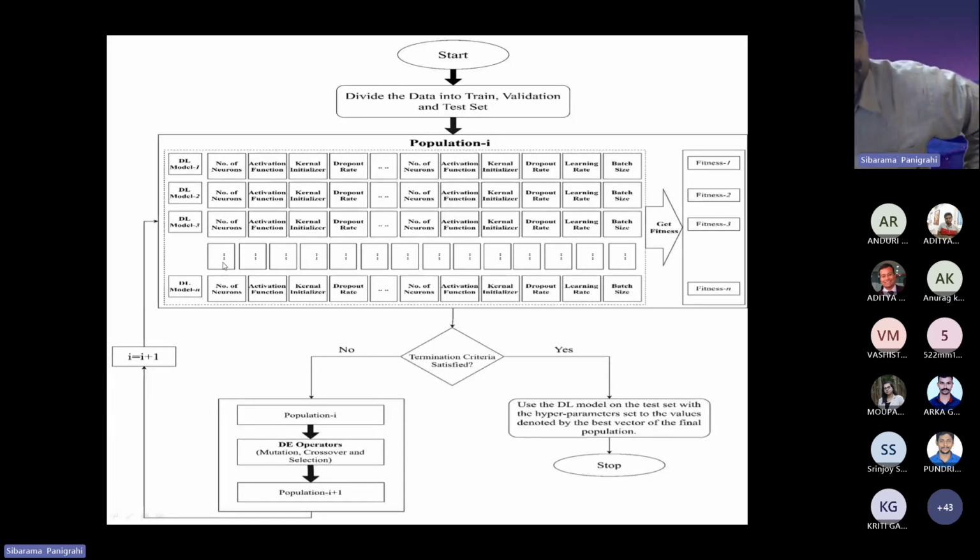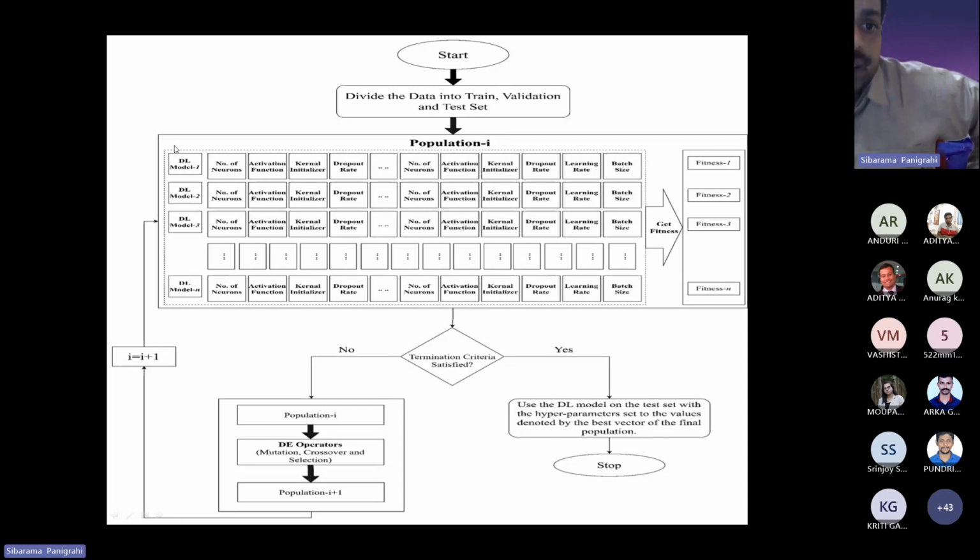We repeatedly apply the DE mutation, crossover and selection schemes to generate the next generation of deep learning models until the termination criteria is satisfied. When it is satisfied, the best chromosome, or best decision vector, or best position vector of the final generation is used as the optimal deep learning model with its hyperparameters.